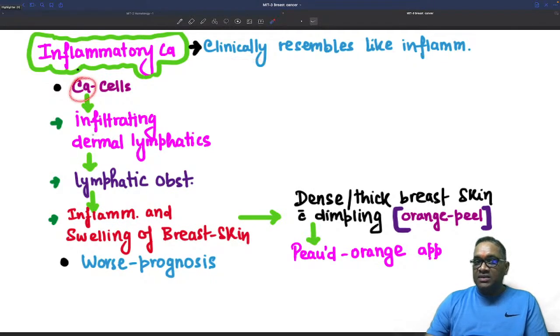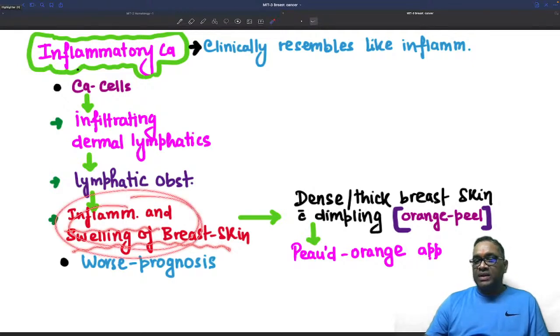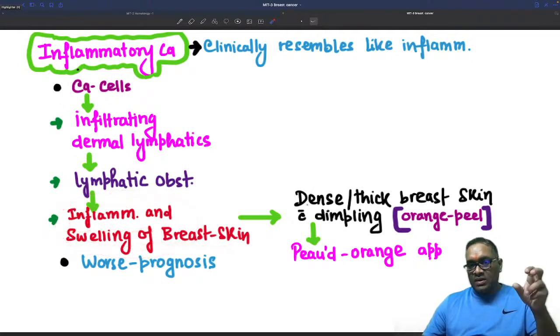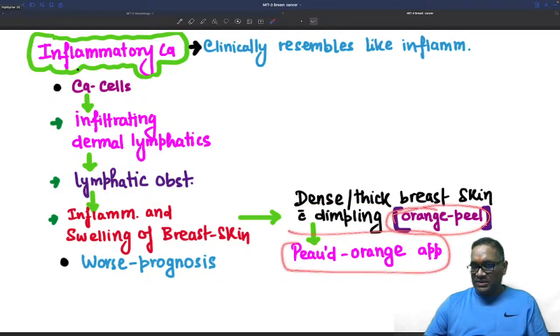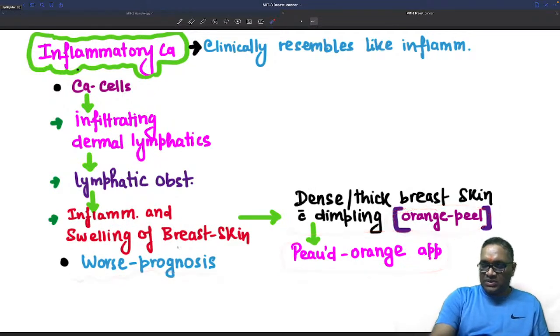These cancer cells infiltrate the dermal lymphatics and obstruct them. This lymphatic obstruction causes inflammation and swelling of the breast skin, making it dense and thick, with dimpling because of the lymphatic obstruction. That is why this orange peel appearance is called peau d'orange, and these patients have a worse prognosis.